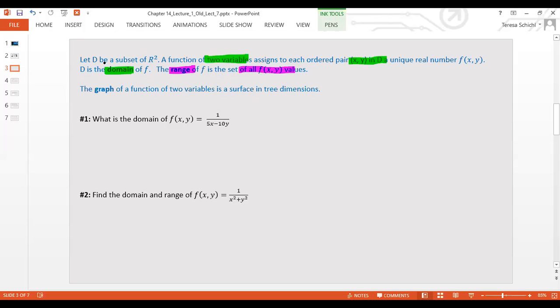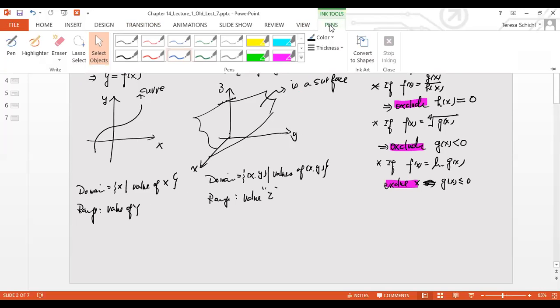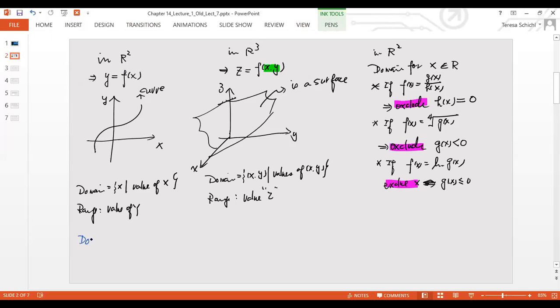So now in R3, what does your domain become? Like in R2, the domain will be some type of interval. Then in R3 we extend it because we have both x and y.